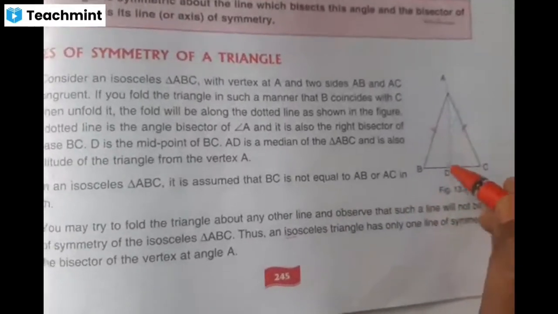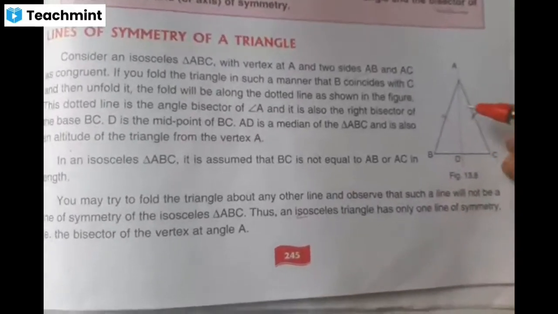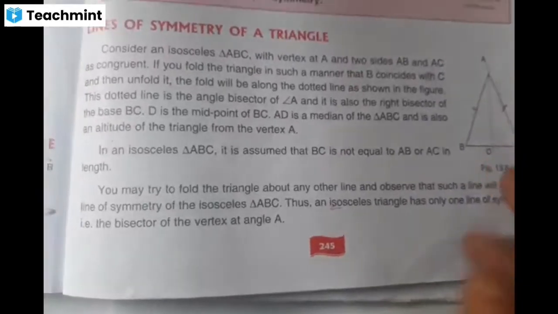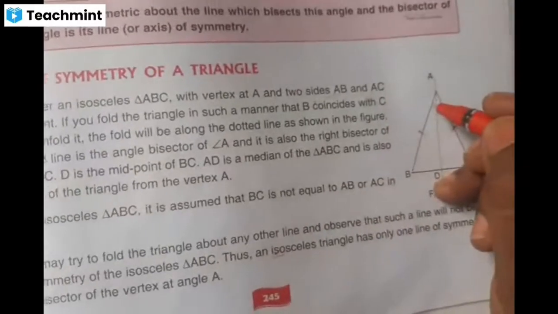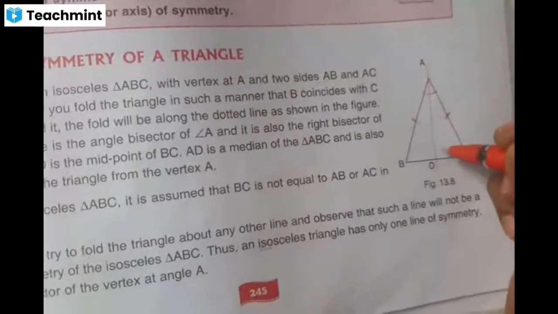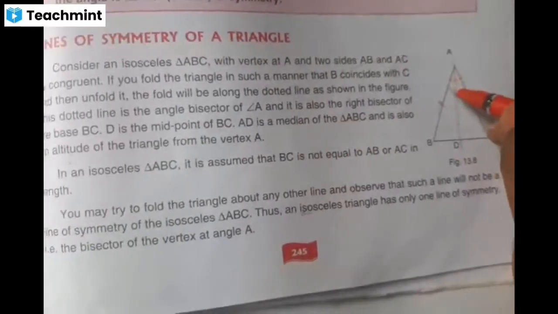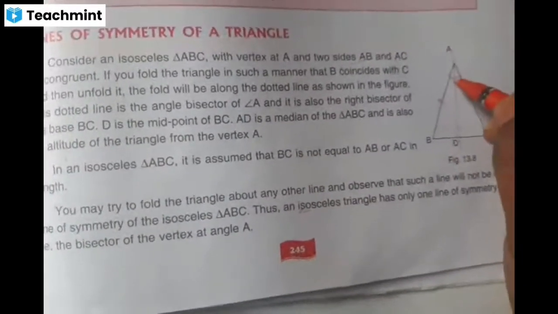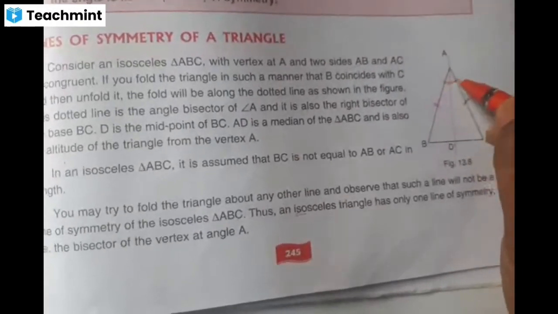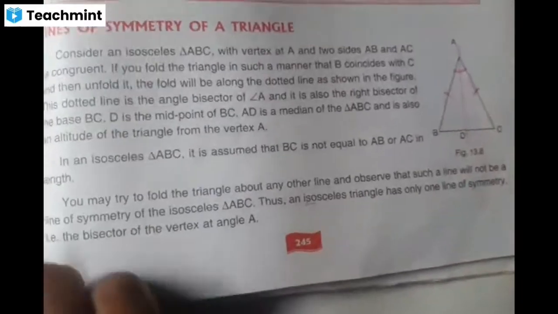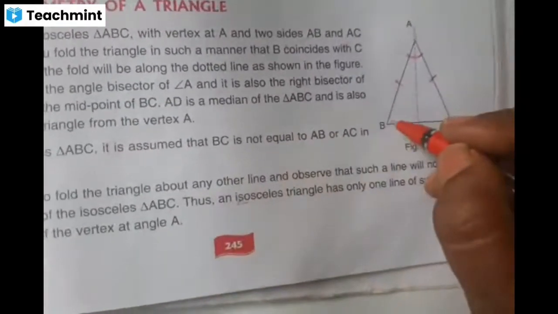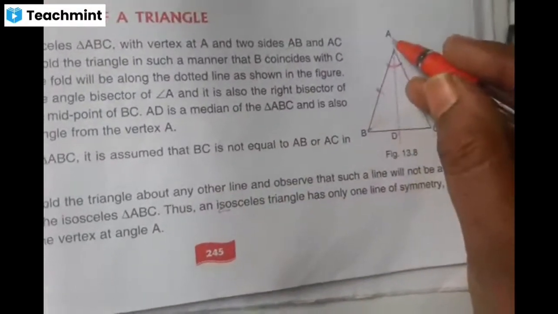Now if I want to draw a line of symmetry, what happens here? How do I draw a line of symmetry for angle A? So I draw the line of symmetry. Then what do you observe? You observe only one line of symmetry in an isosceles triangle. What happens at angle A?